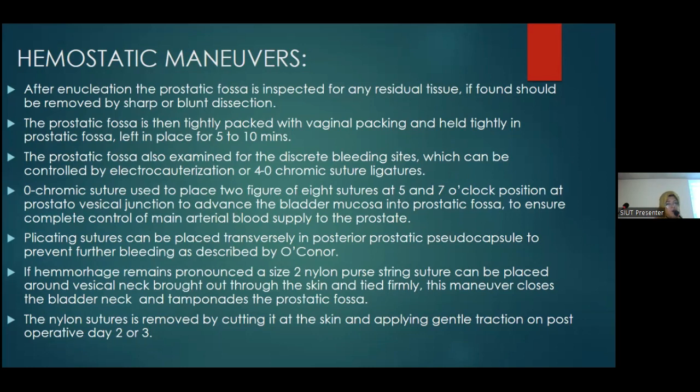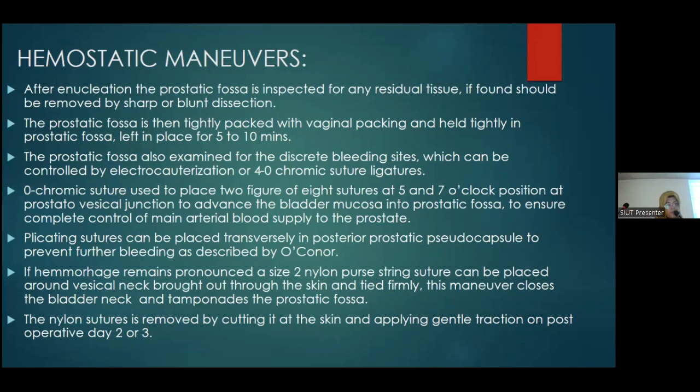The other technique for hemostasis is the O'Connor technique, in which, even after taking the 5 and 7 o'clock sutures, if the hemorrhage persists, we can take plicating sutures transversely in the posterior prostatic pseudocapsule.